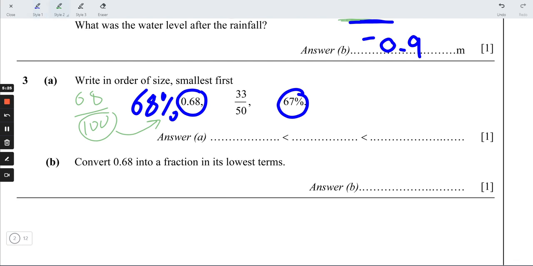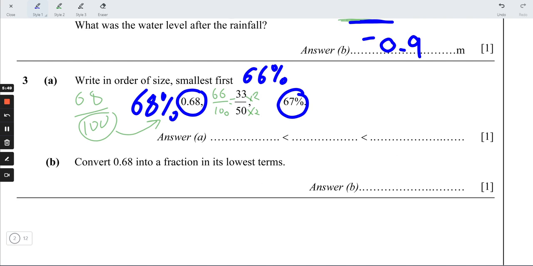Now here you could change 33 over 50 by multiplying this by 2 and multiplying this by 2. You will get 66 over 100, and you can change it easily by saying it's 66%. Now all of these numbers are in percentage, so you can put them in order in an easy way.